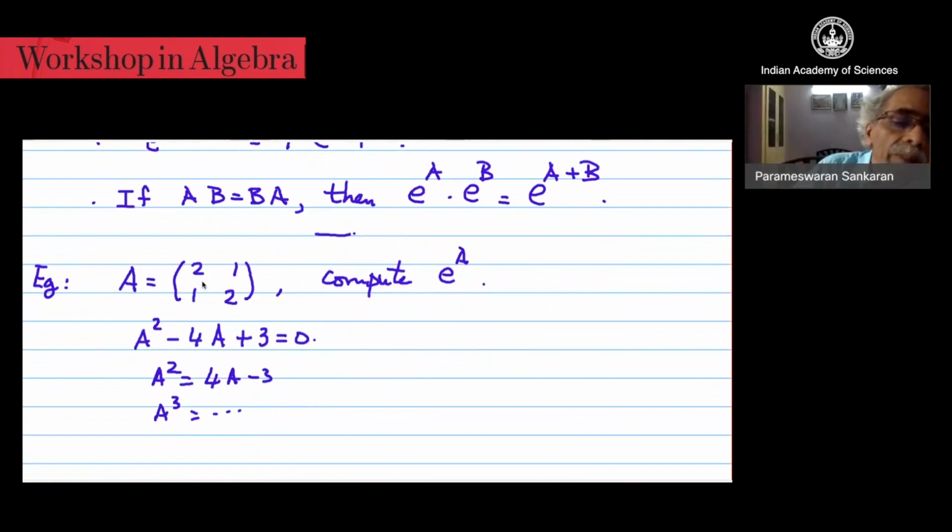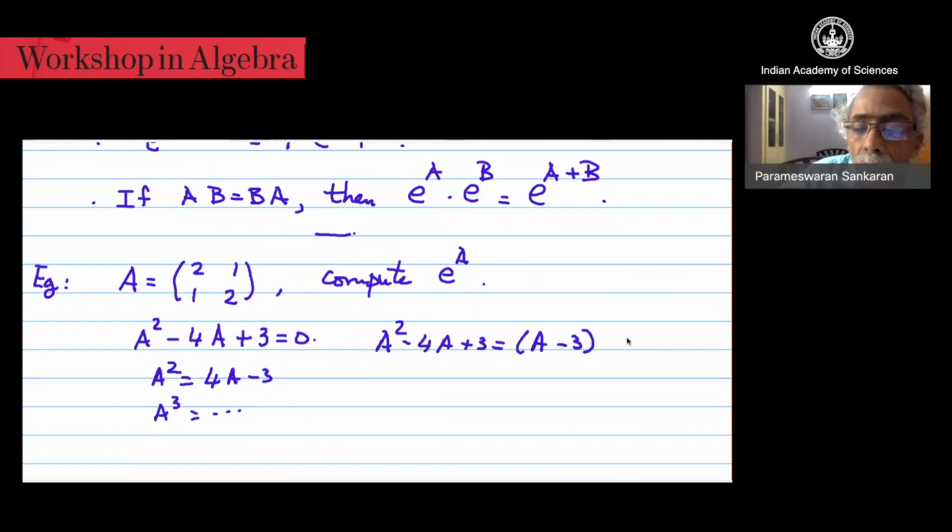Anyway, the characteristic equation satisfied by A factorizes very nicely: A square minus 4A plus 3 factorizes as A minus 3 times A minus 1.